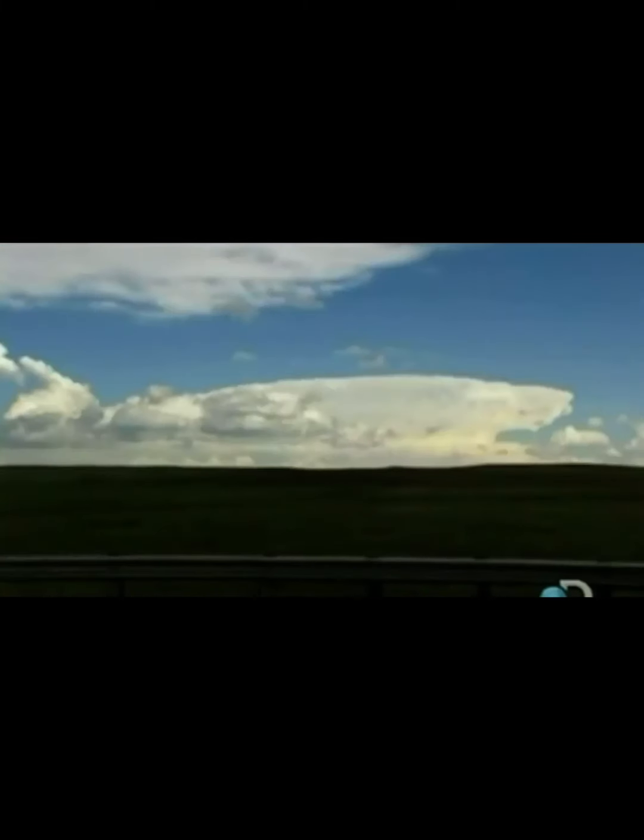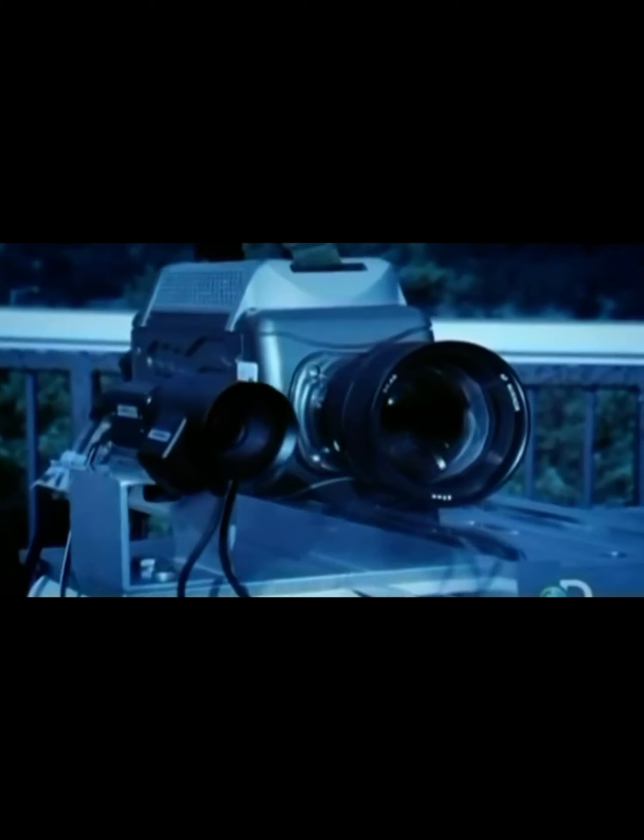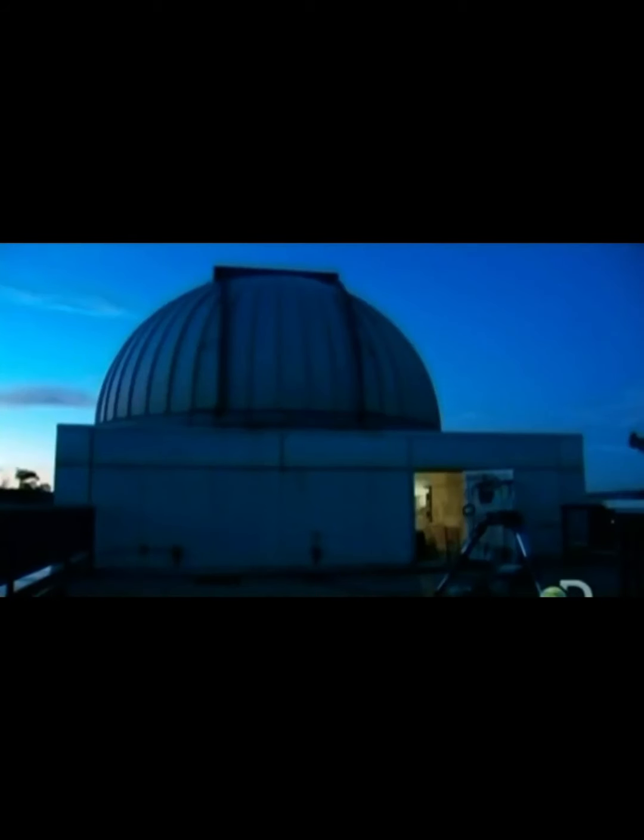When observed with the naked eye, lightning appears to travel from the clouds directly to the ground. But recent advances in video camera technology reveal that the anatomy of lightning is much more complex. This is the U.S. Air Force Atmospheric Research Center in Colorado Springs.